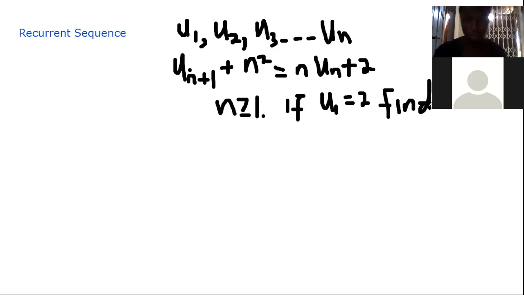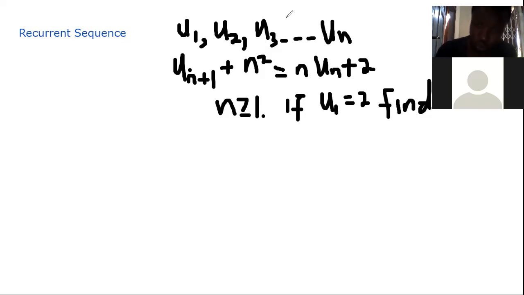So that is it. If U1 is equal to 2, let me read again. A sequence of numbers U1, U2, U3, up to Un satisfy the relation U subscript n plus 1 plus n squared is equal to n Un plus 2 for all integers n greater than or equal to 1.